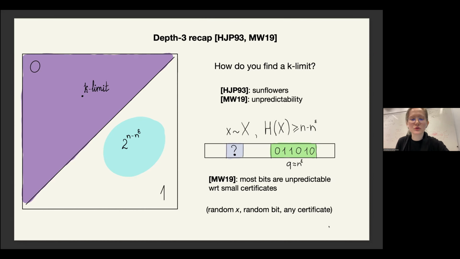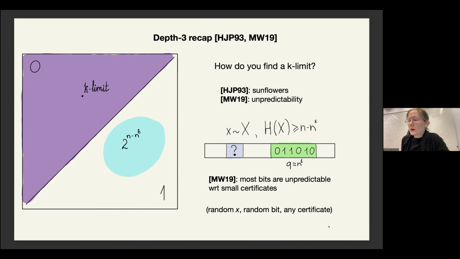So it's here in the picture too. I want to guess some bit. I can't look at the string, but I can make some queries to the string. Not too many though. I can query up to q indices, and q, as everything, is n to the epsilon. And of course, I'm not allowed to query the bit itself. Otherwise, this would not be interesting.